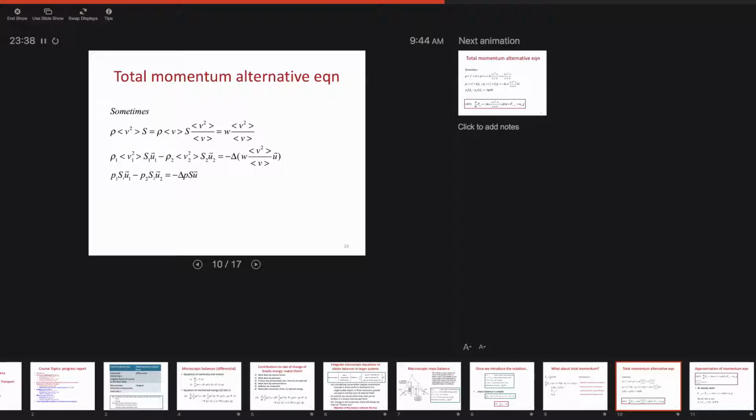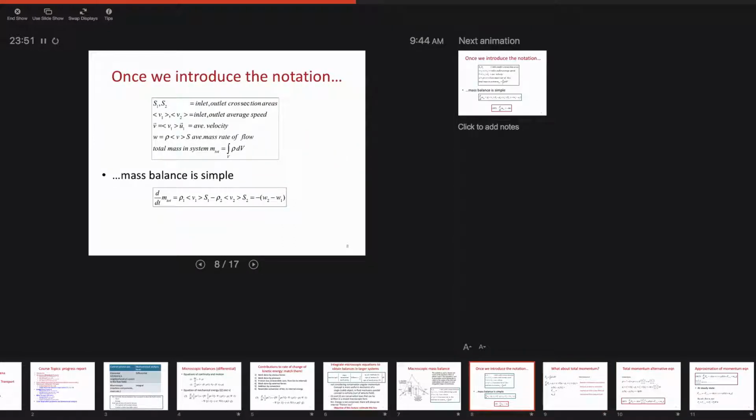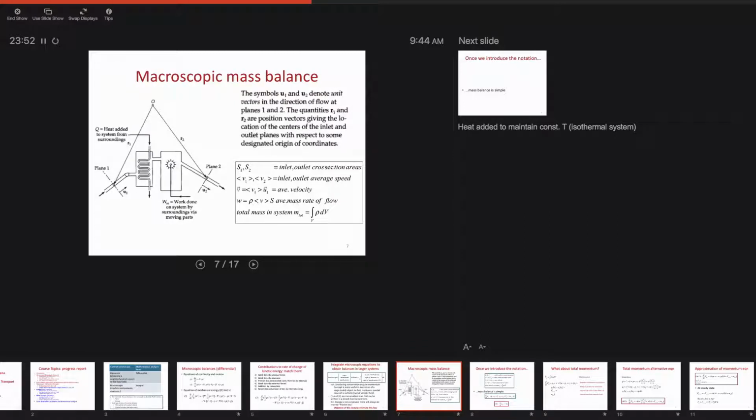U is the velocity vector. U1 and U2 are just those vectors that are orthogonal to inlet and outlet areas. Yeah, normal vectors. So they're just unit vectors.